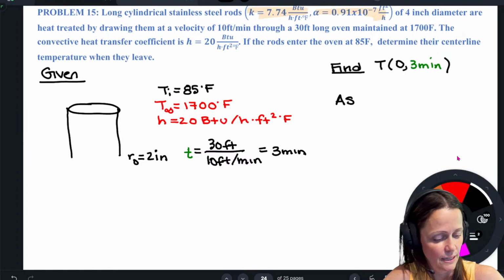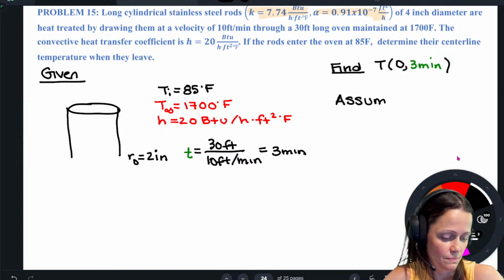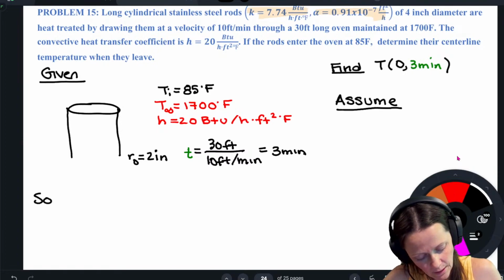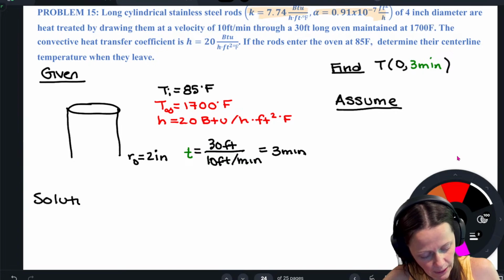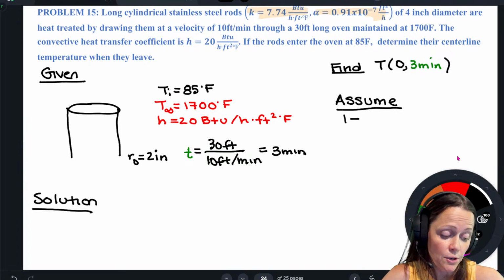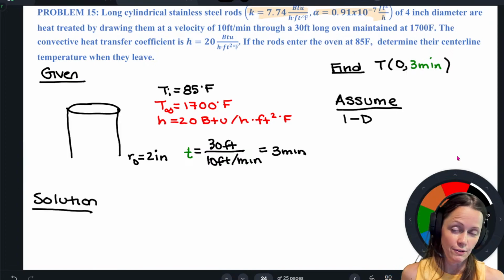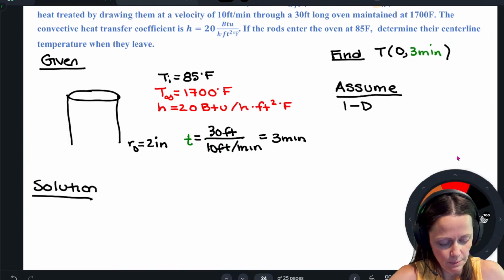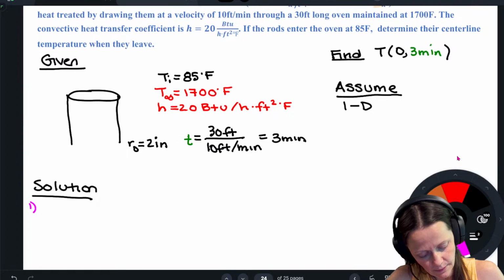And I don't really know what I need to assume, but here we go. I might want to go ahead and put one dimensional in the radial direction, but if I find a Biot number less than 0.1, then of course I'll cross that out. So, but that is definitely step number 1. Get the Biot number.